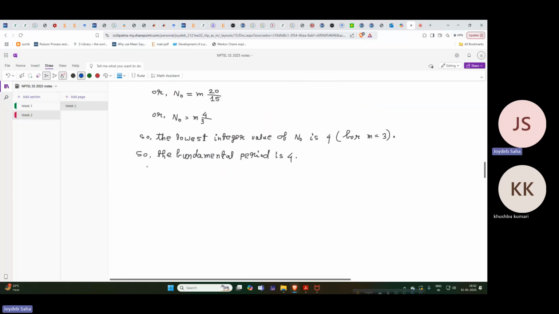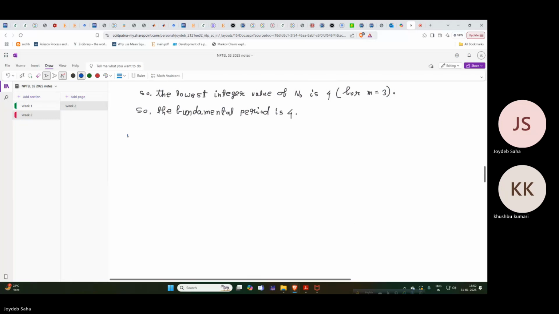Okay, question 5. x1(t) and x2(t) are two periodic signals with fundamental periods T1 and T2.